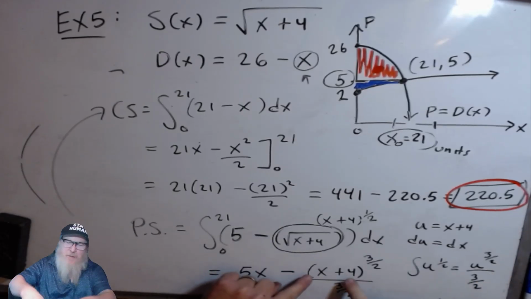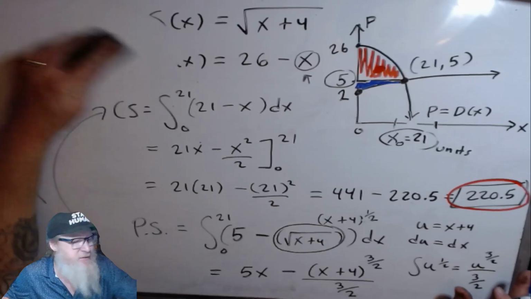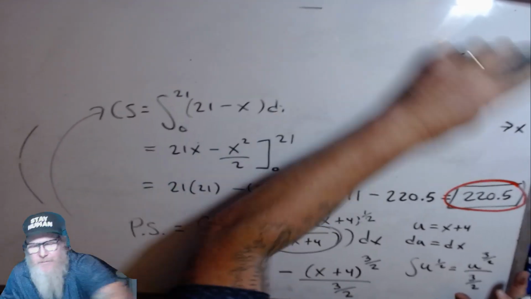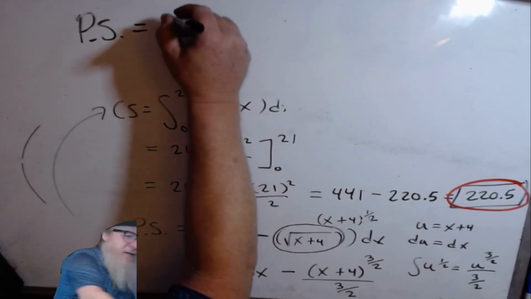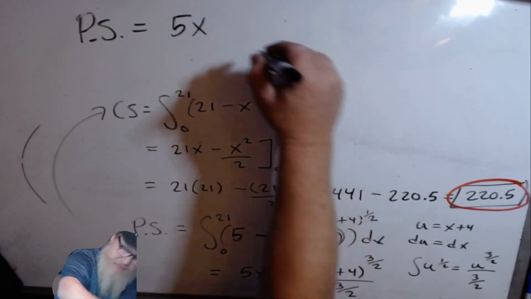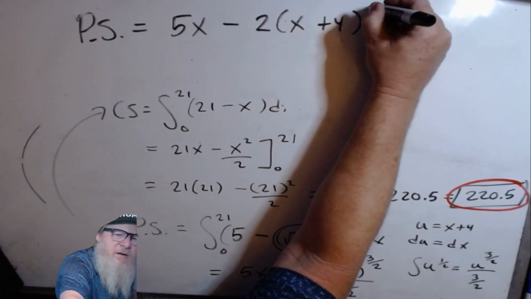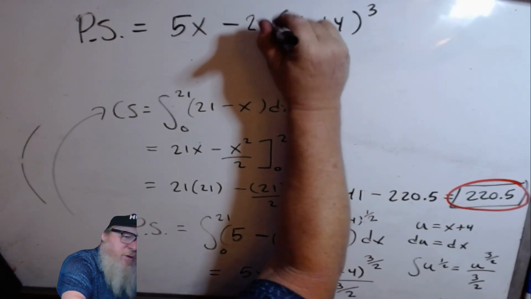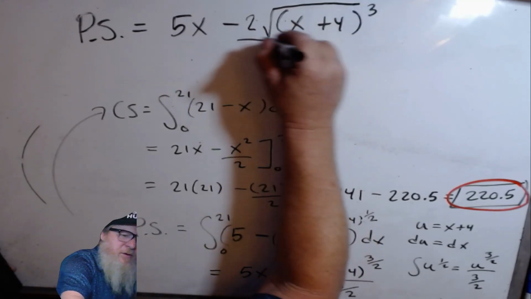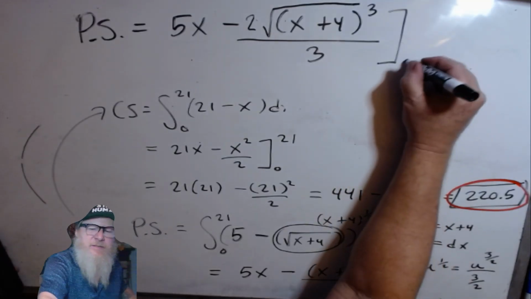And then I switch back to x plus 4. Oh, I'm getting tired. I'm going to try to finish this and just call it a day. So I've got producer's surplus is 5x minus 2 times x plus 4 cubed square root over 3, evaluated from 0 to 21.